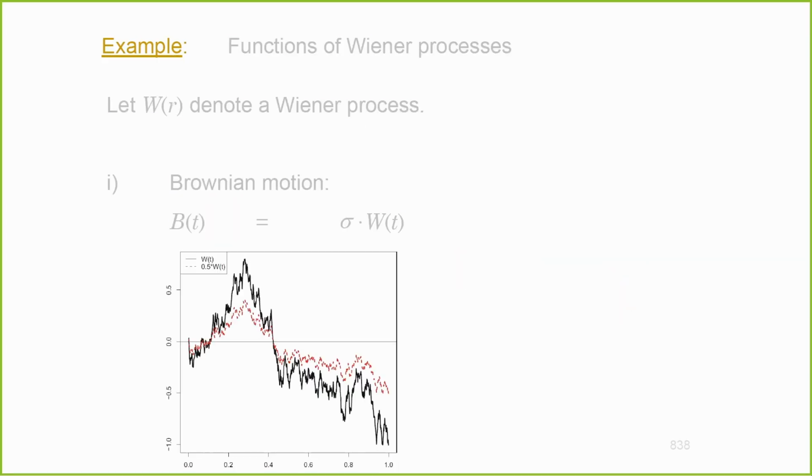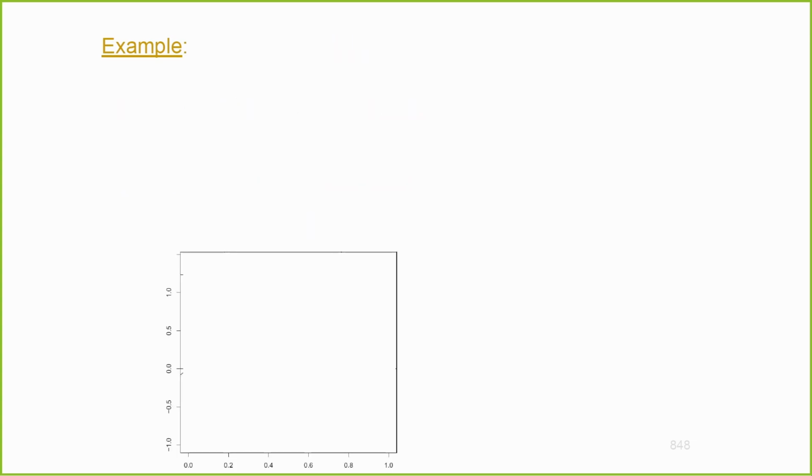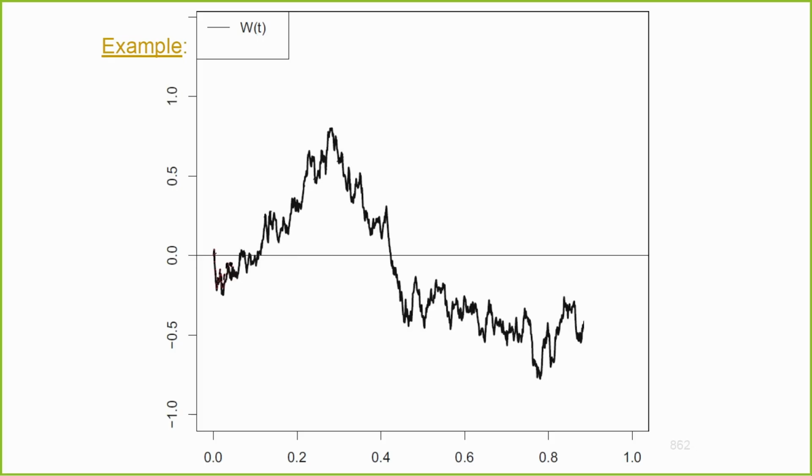Now, if I go back and look into the other process where there is a drift, then this will simply evolve around a linear trend. So I will also add a linear trend, not just multiplying the process by 0.5, but also adding a linear trend to it. I'm going to look at the path of the Wiener process again, which is the same as I used in the previous case. Then I'm going to add the linear trend to it, which in my simulation was 2 times t.